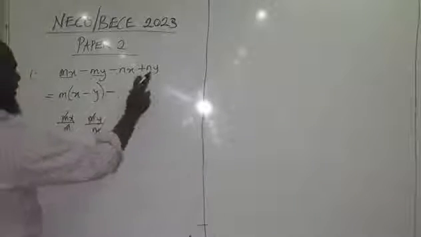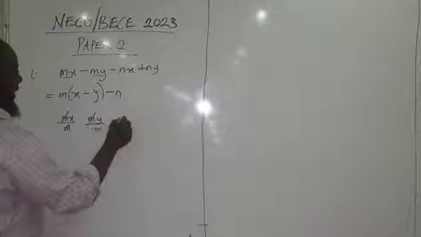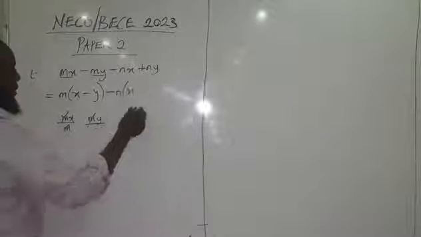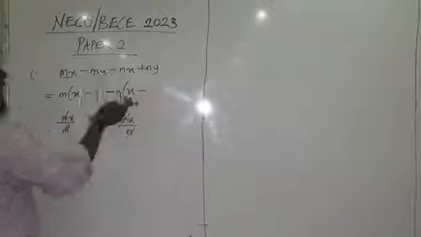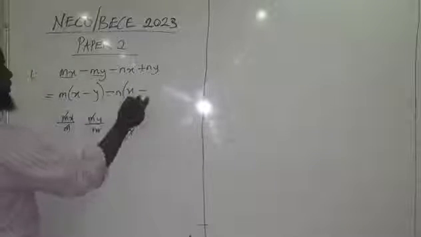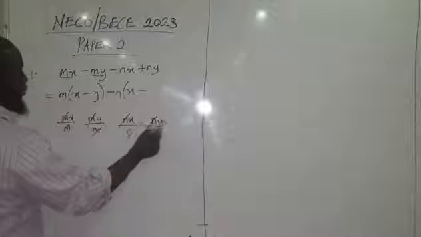Then n is common. When you divide nx by n, you're going to have x left, right? Then minus times plus will give us what? Minus. So this is minus because we are opening a bracket for it. There's no bracket here before, so when you open this bracket, it will change to plus when you divide ny by n.